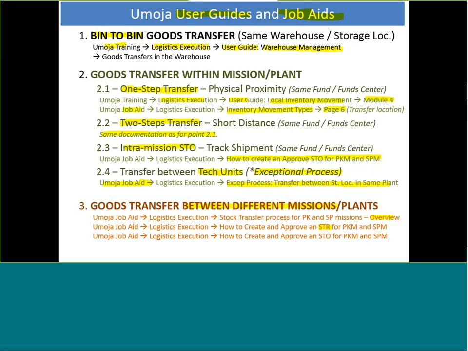That is the initial document to request the transfer of stock, and then the creation of the STO that is managed basically from Brindisi in order to actually transfer the stock from one mission to the other. Okay, so in this last slide, you have a reference to the different training materials and job aids that are available for each of the types of transfer.